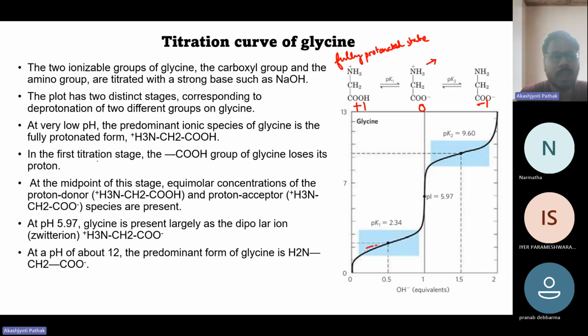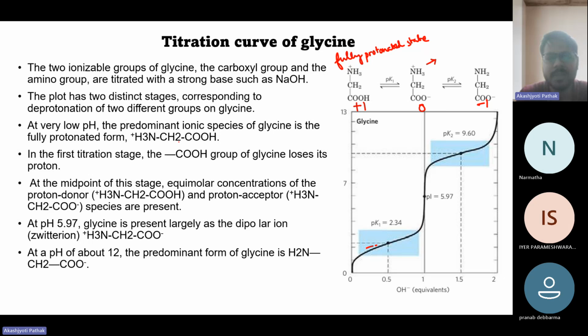At very low pH, the predominant ionic species of glycine is the fully protonated form. At pH less than 2.34, the predominant species will be fully protonated, with a plus one charge.